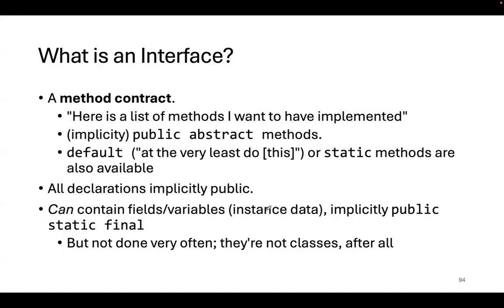When you take all that in, you start to think, this sounds kind of like a class. No, don't be fooled. Especially because the fields are public, static, and final, and classes don't have that restriction. Classes can have fields that aren't public, static, and final. They can have private, non-static, non-final fields.